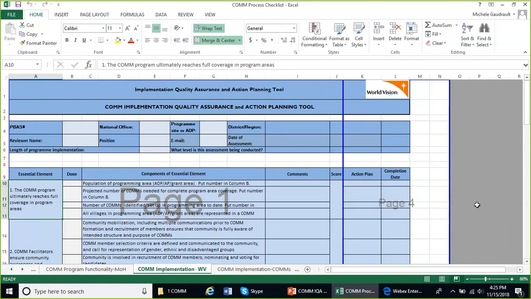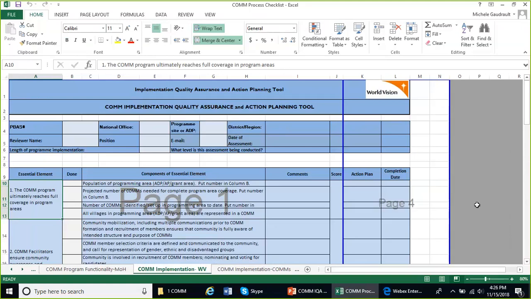So this tab now relates to the area program level, the ADP level. And you would use this tab for each ADP that is implementing COMM.